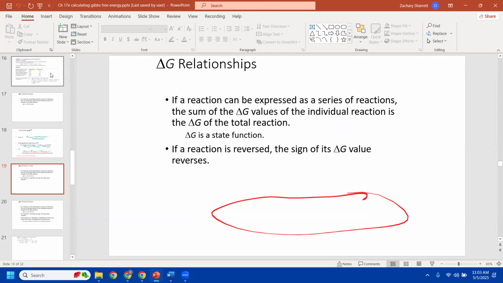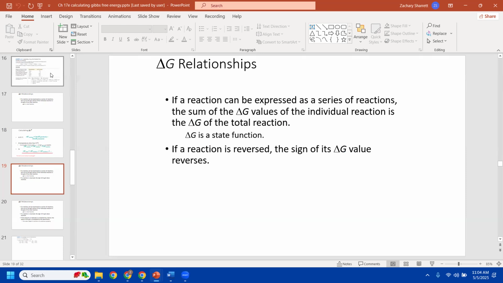If we have a bunch of equations with given delta G values, and we can manipulate those equations by reversing them, multiplying them by some factor, and adding them all together, then whatever you're left with, that new reaction would have a delta G equal to the sum of the delta G's.